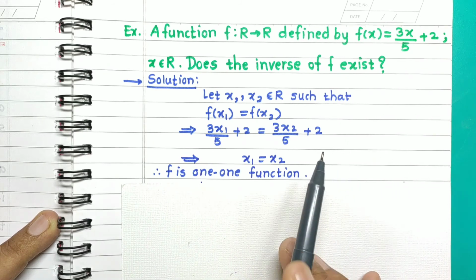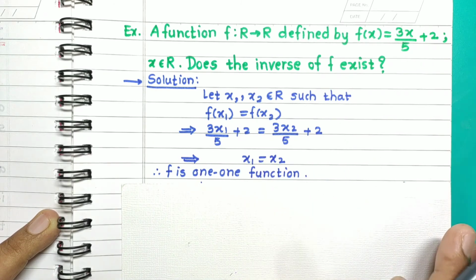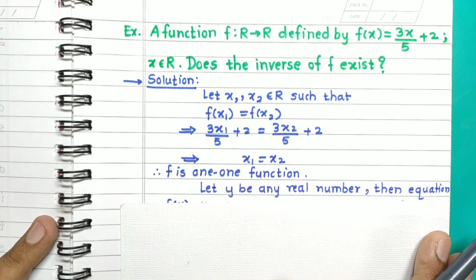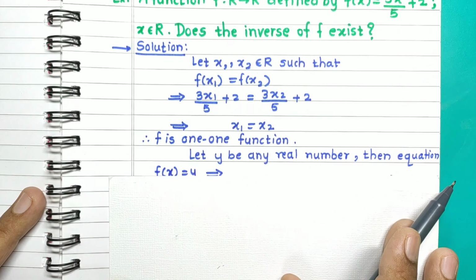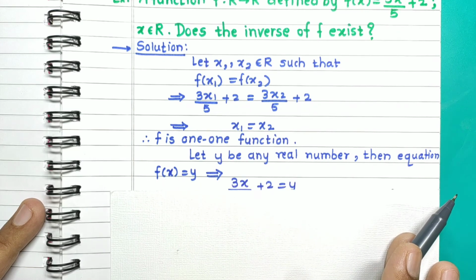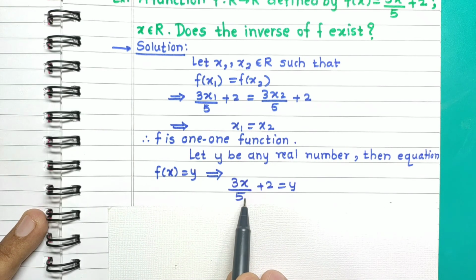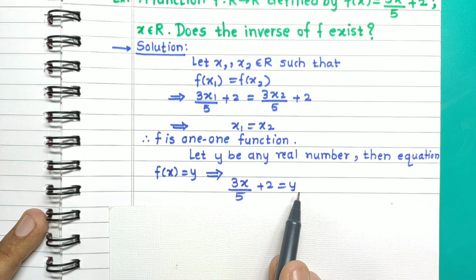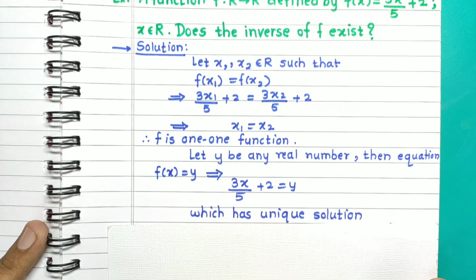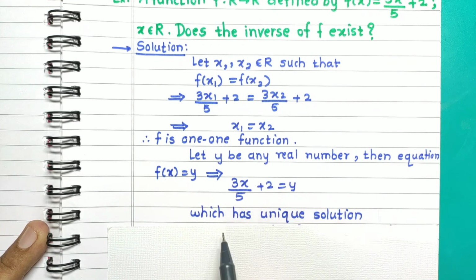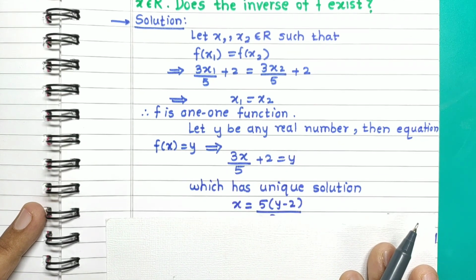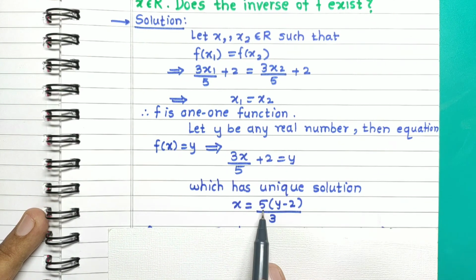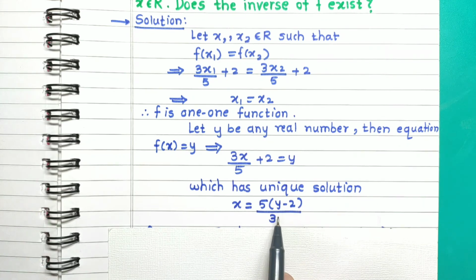Now let's check whether it is onto or not. For this, let y be any real number, then the equation f of x is equal to y implies 3x by 5 plus 2 is equal to y. So see, this equation has a unique solution, and that solution is given by x is equal to 5 into y minus 2 upon 3.